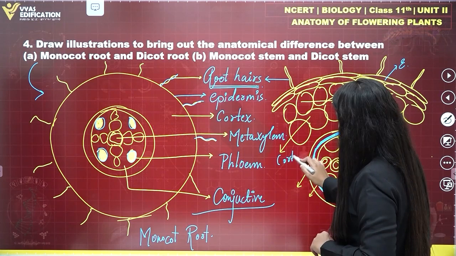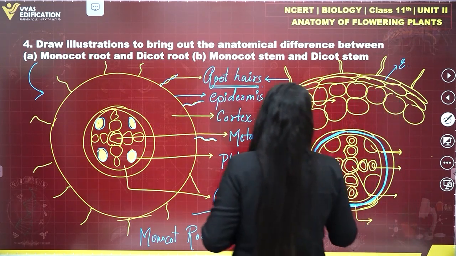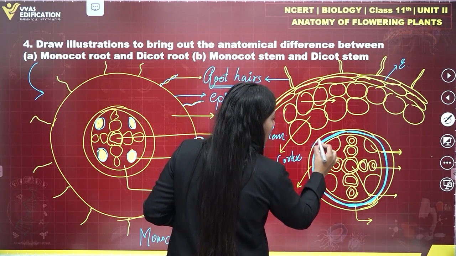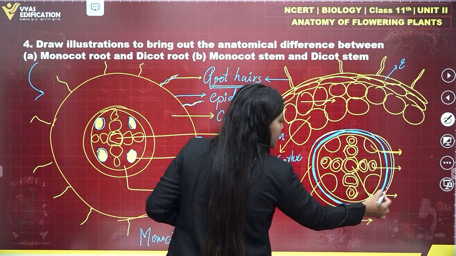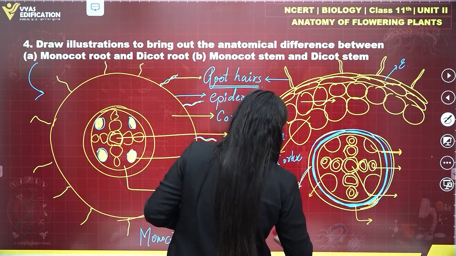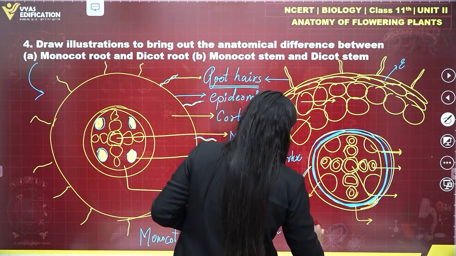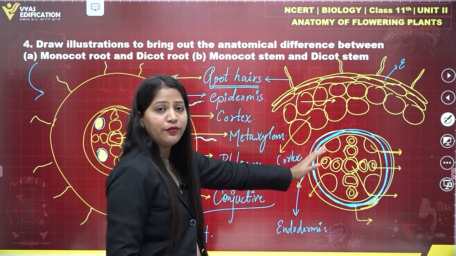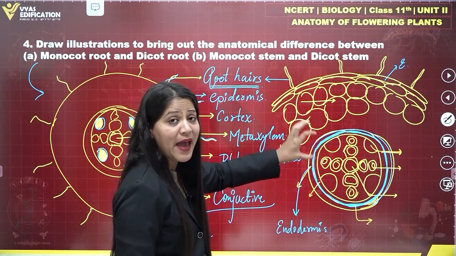Then this layer, the outermost layer here, is endodermis. Next to endodermis you will find another layer known as pericycle.